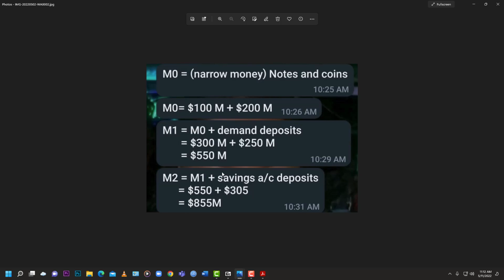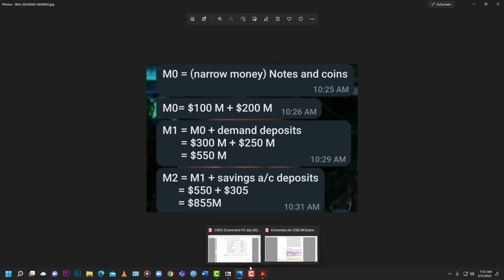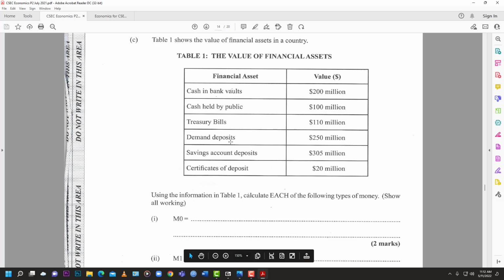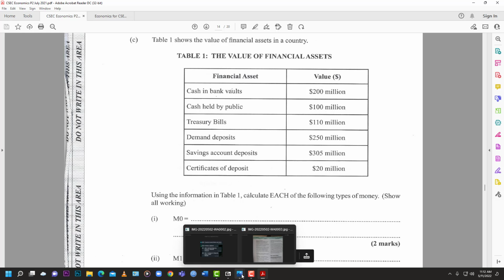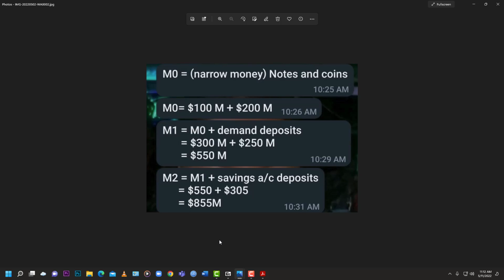And our M2, which is broad money, consists of M1 plus the 305 million, which consists of savings account deposits, right? So that's where our broad money comes in. So that's savings deposits plus what we already calculated before, which was 550 million, plus the 305 million, and that gives us 855 million, right?